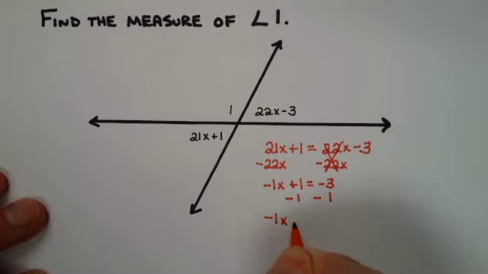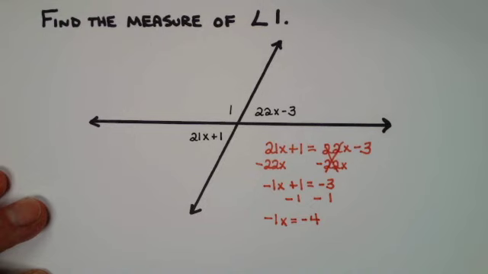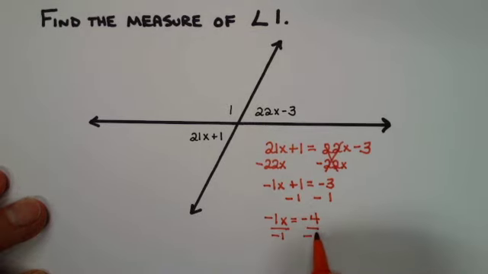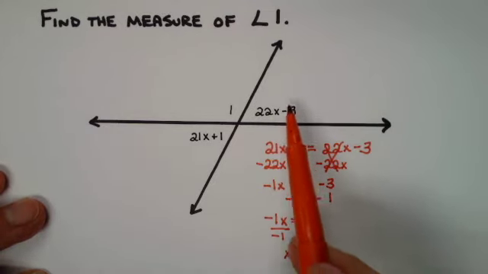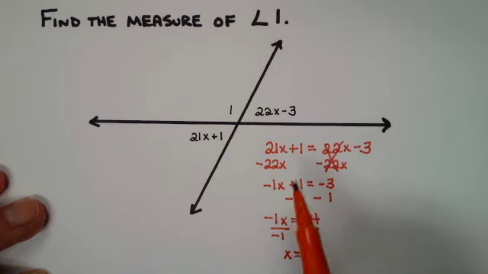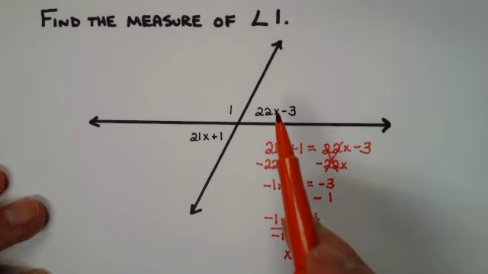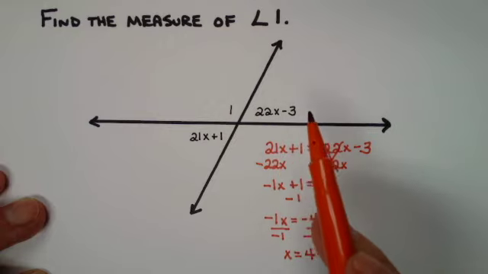Negative 1x is equal to negative 4. Now I need to divide both sides by negative 1. Divide this side by negative 1, this side by negative 1. X is equal to 4. Now that I know x is equal to 4, I can figure out what this angle is right here by taking 4 and putting it where that x is, following my order of operations, and I'll get a number that goes right here.